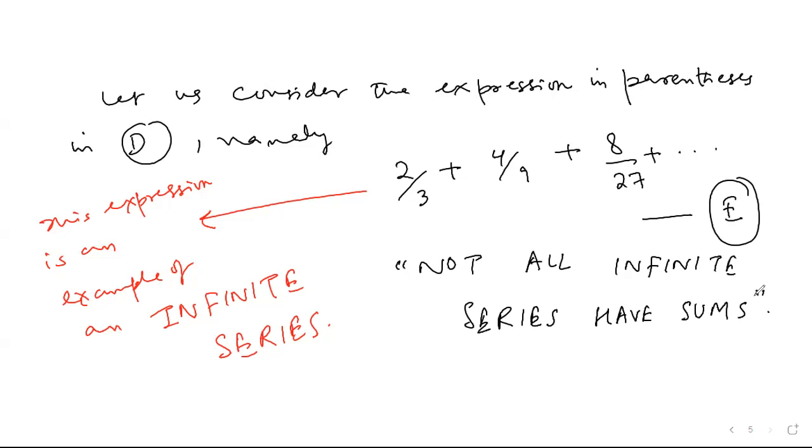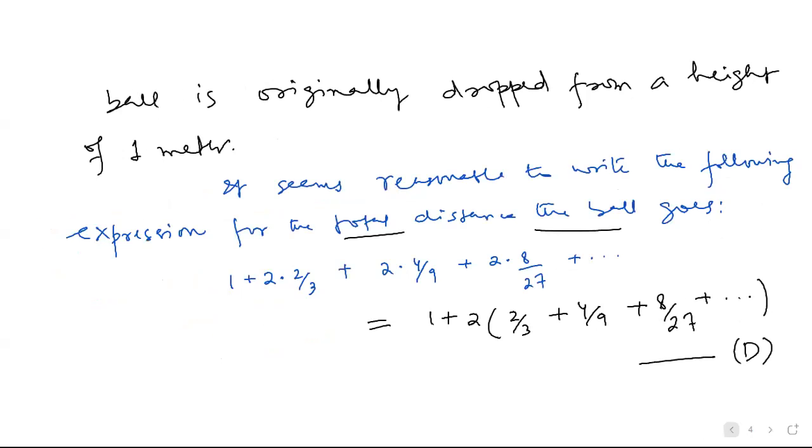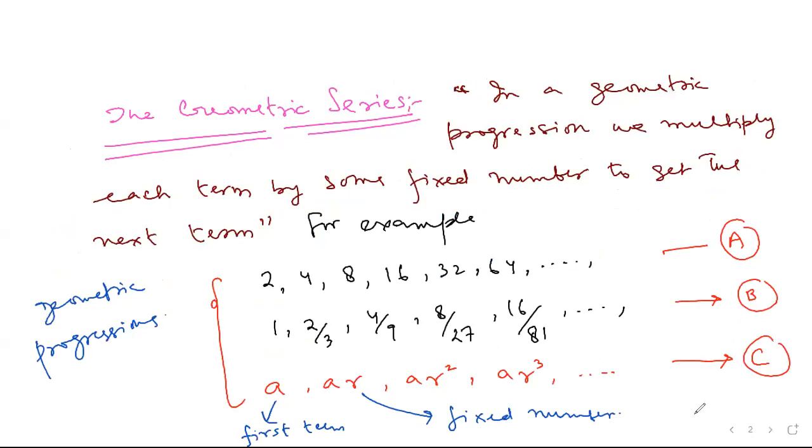You can see that the series formed by adding the terms of equation A, which represented the population of bacteria, 2, 4, 8, 16, 32, 64. If you form the series by adding the entries in equation A, that series does not have a finite sum, right?